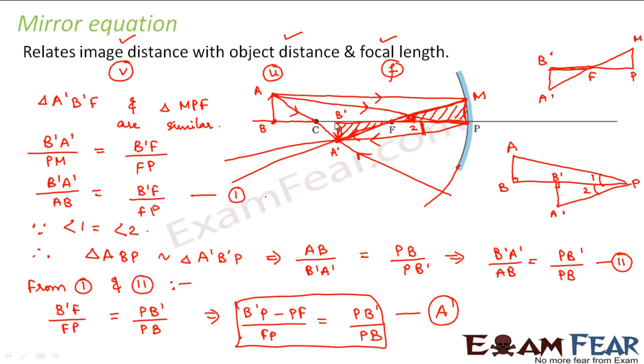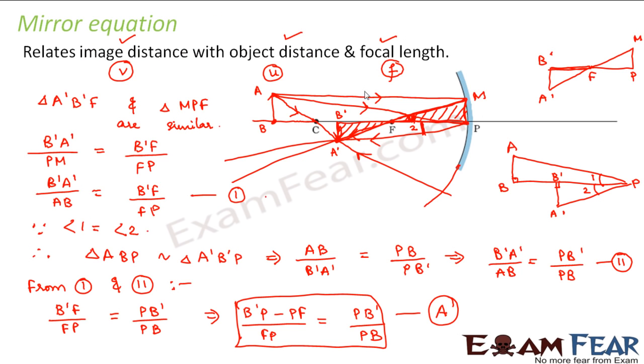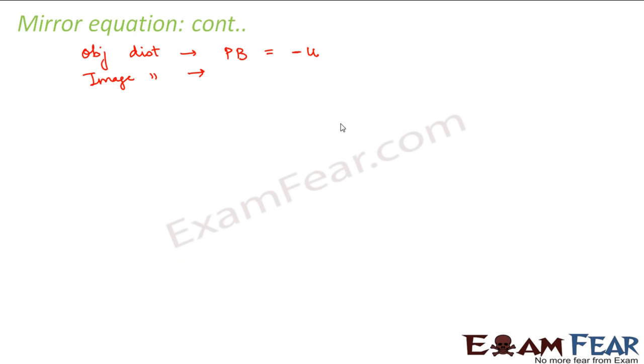So we can say that the object distance is PB, which is denoted by u with a negative sign, because now we are considering the sign convention also. Similarly, what is the image distance? The image is formed here. The image distance is nothing but PB dash, which is denoted by v, but this is also in the opposite direction of the incident ray, so this will also be negative.